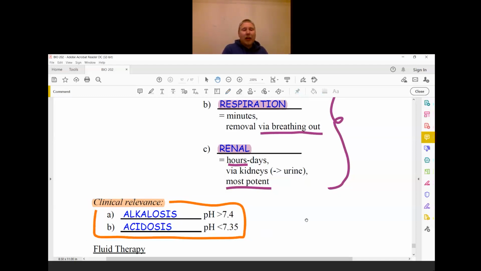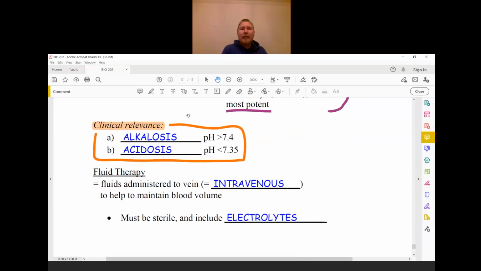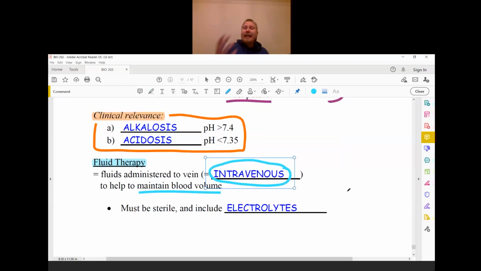The very last concept that I want to mention with you guys is the concept of fluid therapy. So basically putting an IV drip on a patient. This is often one of the very first things that we do when a patient comes in, and that's simply to help maintain the blood volume, but it's also because it is a great route of quickly introducing certain medications to the patient's bloodstream without it taking a long time.